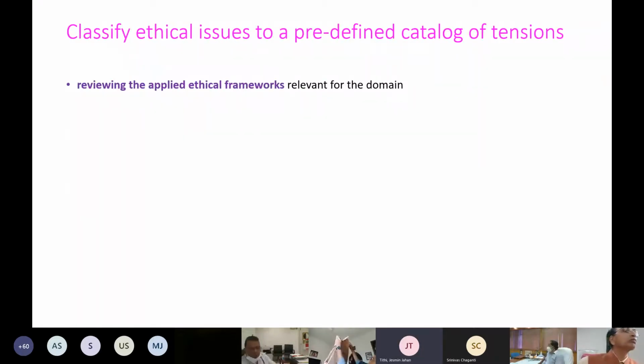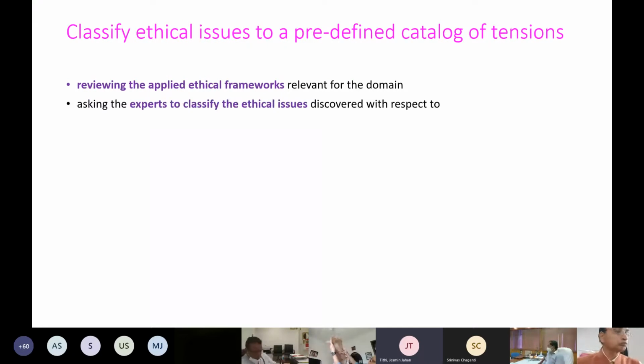Then we classify those ethical issues to a predefined catalog of tensions by first reviewing the applied ethics framework relevant to the domain. For example, healthcare has its own ethical framework, there is a bioethics framework as well as a financial ethics framework.